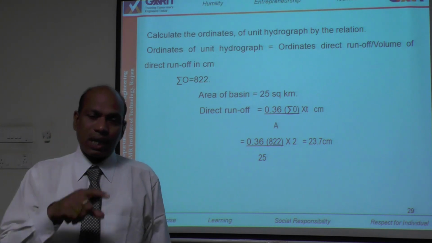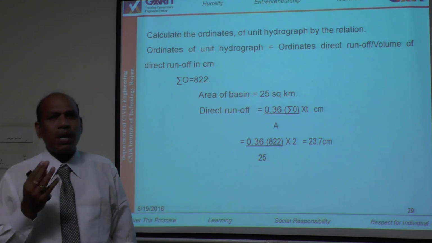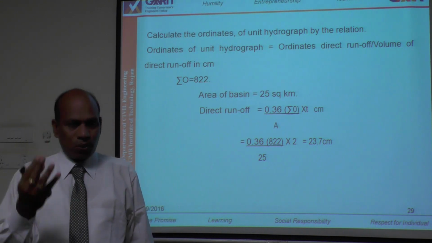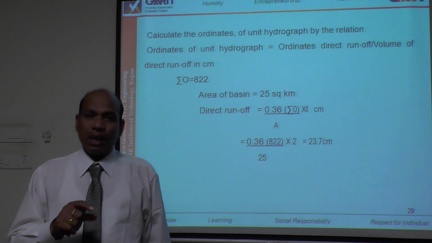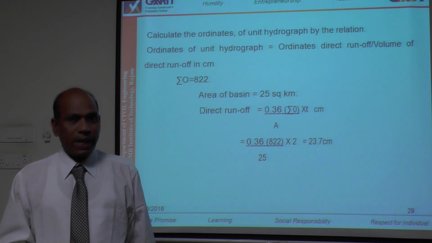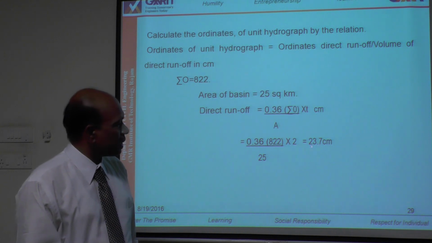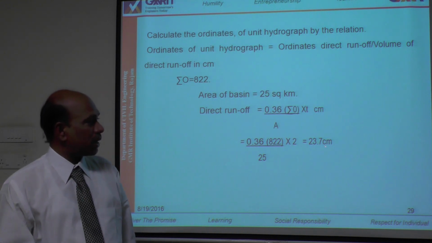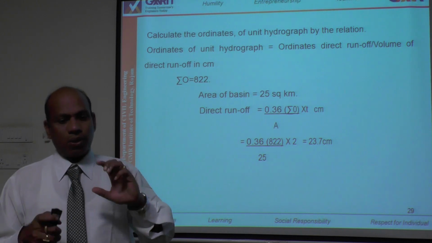Once we know the direct runoff depth, we go on to construct the unit hydrograph. The unit hydrograph is also a hydrograph. I am telling you once again because this is a very important topic, and also a little bit complicated. Here 23.7 centimeters is the depth of direct runoff. Unit hydrograph means a 1 centimeter hydrograph.